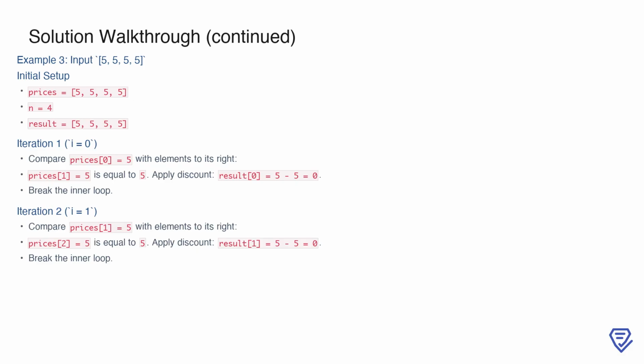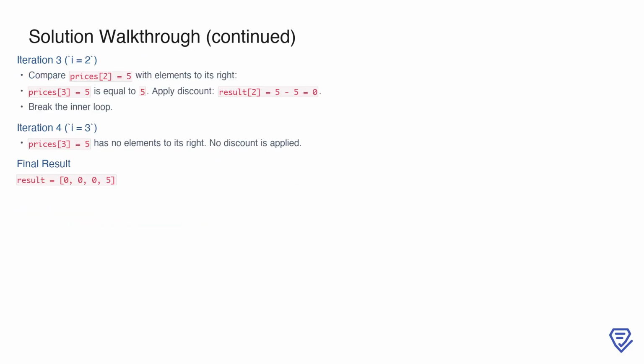For the second item, prices[1] equals 5, we compare it with prices[2] equals 5, which is also equal to 5. Applying this as the discount, we update result[1] to 0. This shows that the algorithm handles equal prices consistently by applying the first applicable discount.